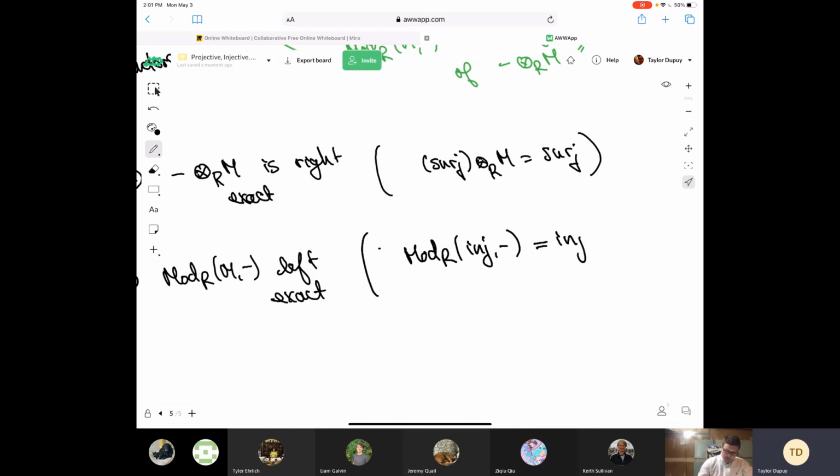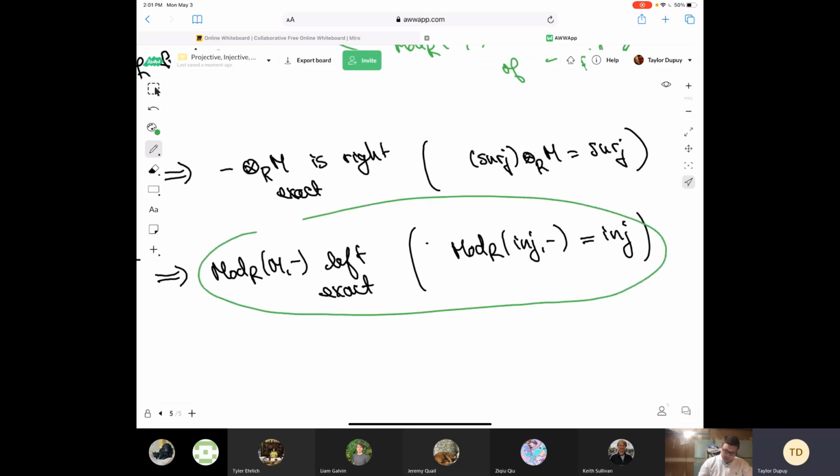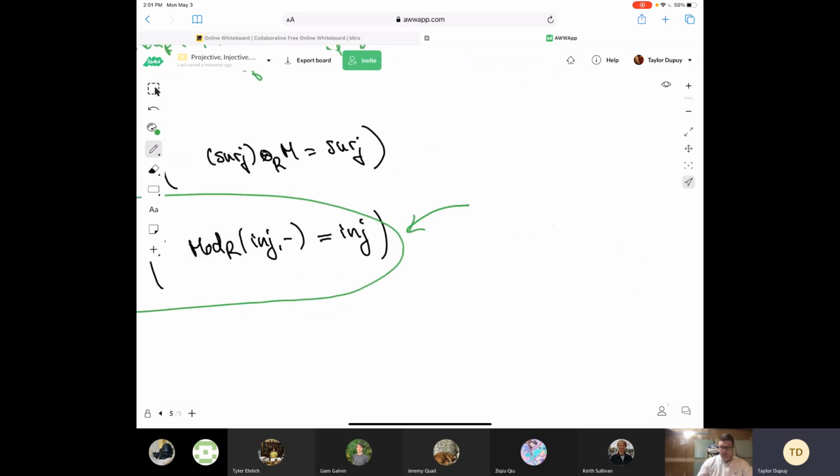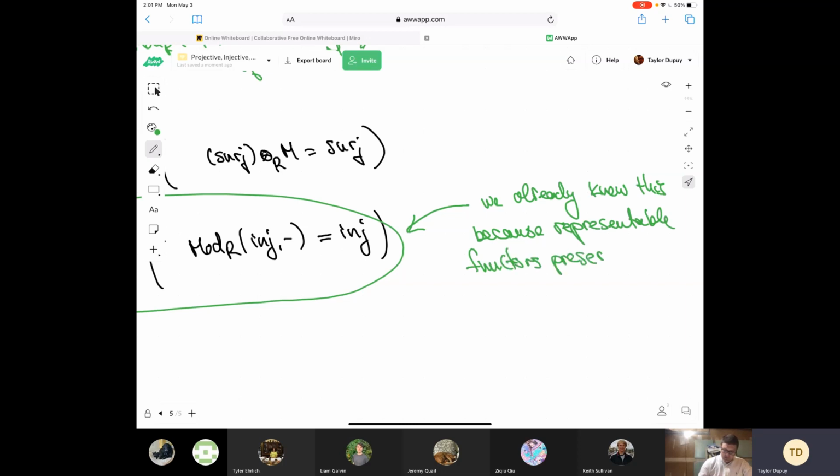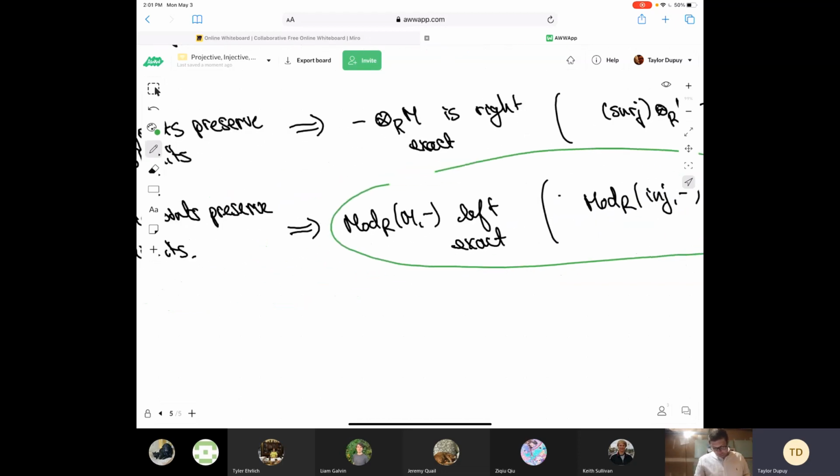So this is an injection. Okay, but this part here we already knew. So we already knew this because representable functors preserve limits. Okay, and this is a representable functor. So right, it's the Hom of something.